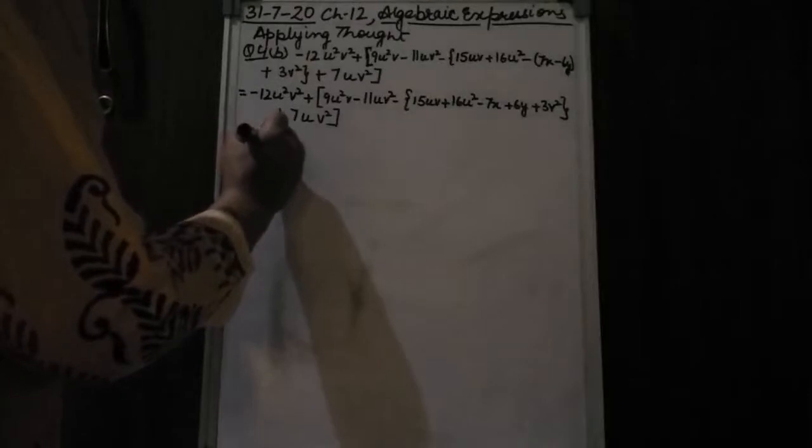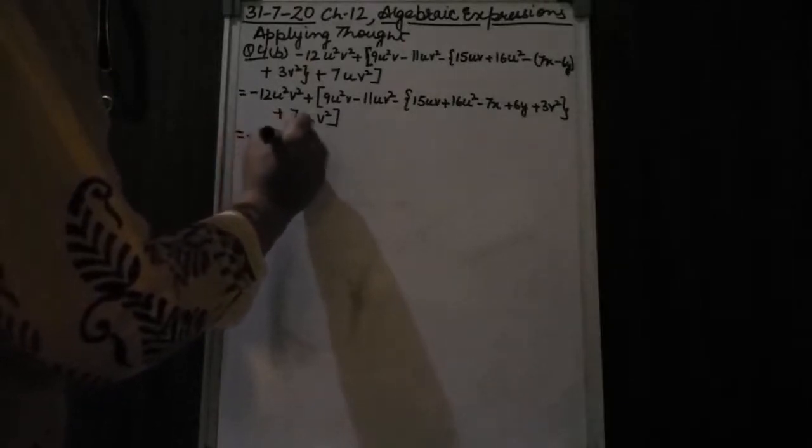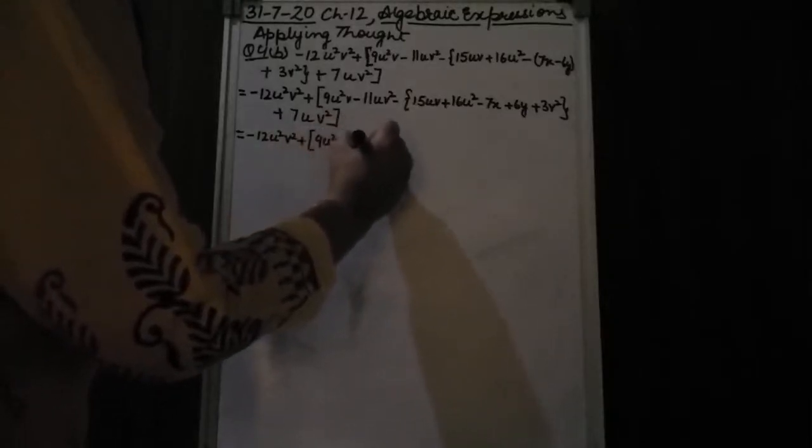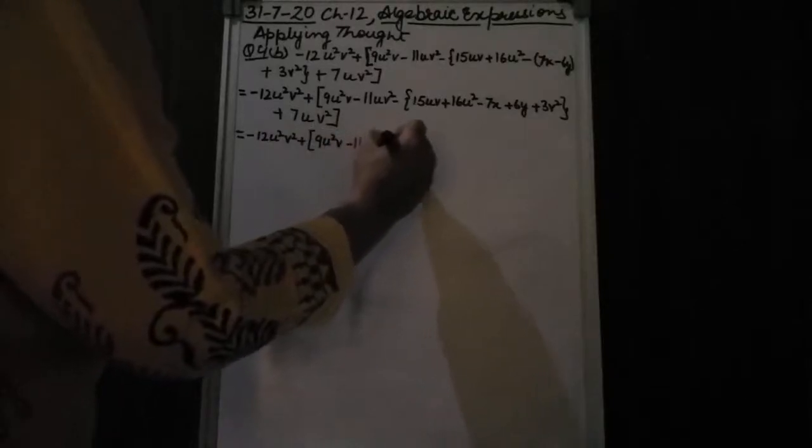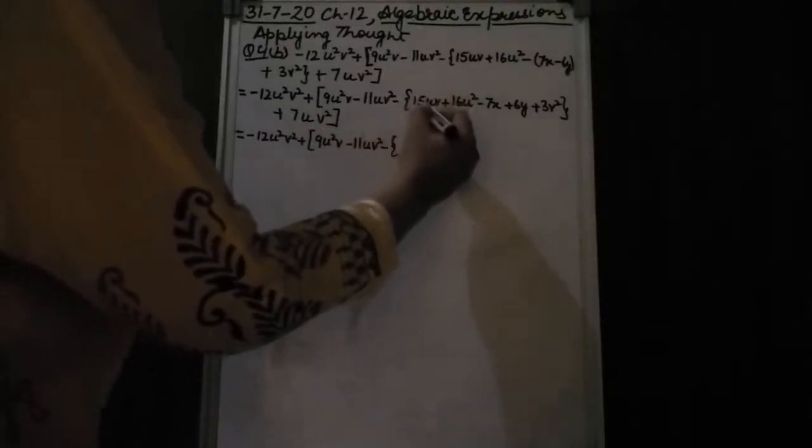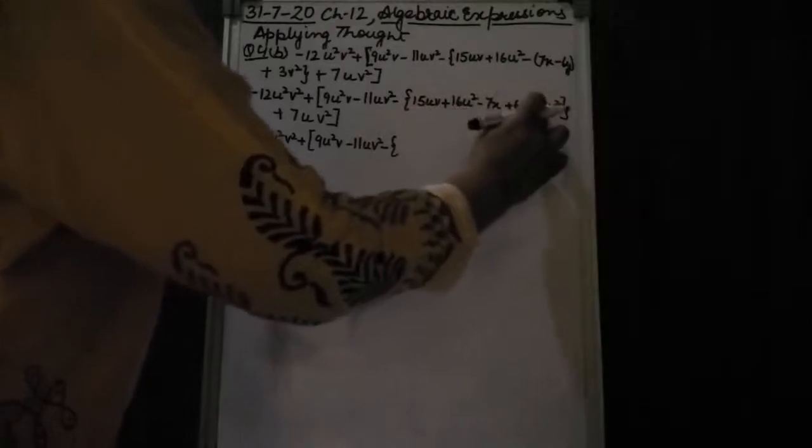Now collect the like terms within the curly bracket. Minus 12 u square v square plus 9 u square v minus 11 u v square minus. Now are there any like terms here? No. So just open the bracket.